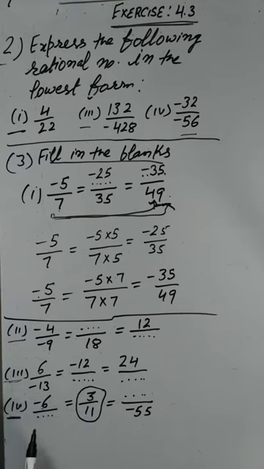Similarly 11 multiply by minus 2, here it will be minus 22. And here beta 11 change into 55. So 11 multiply by minus 5, it will be minus 55. Similarly 3 multiply minus 5, it will be minus 15. Easily you can fill these blanks. Okay beta?